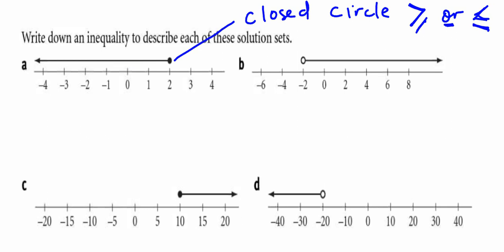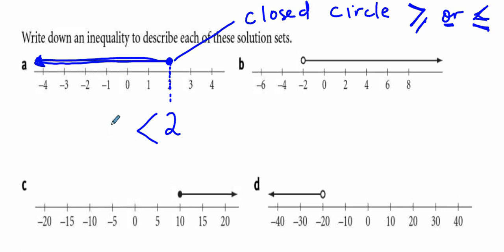Now, if you notice, the number line starts from 2. Can you see that? It starts with 2, but it heads to the left-hand side. So that suggests that this inequality will be representing all numbers which are less than 2.